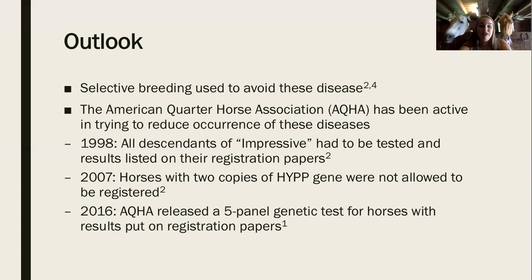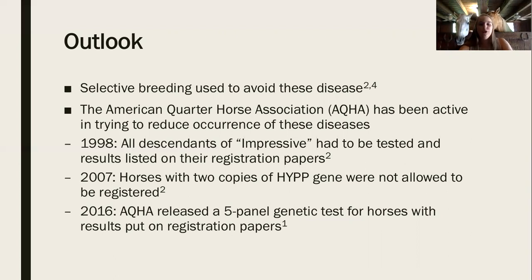In 2007, they even made it so that if a horse had 2 copies of the HYPP gene, it was not allowed to be registered at all. Because you wouldn't want to buy or breed to a horse that you couldn't register, it would decrease the amount of this disease occurring.